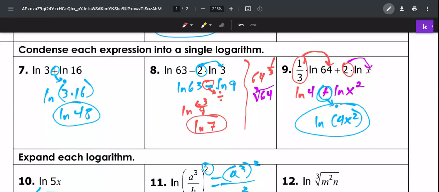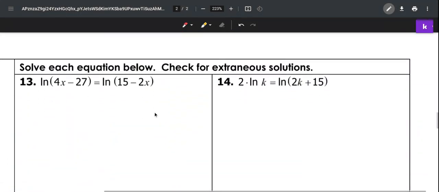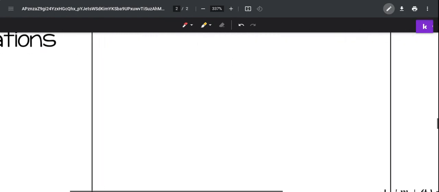All right, so now we're not yet finished. We still need to do some solving, because we've done solving with logarithmic equations, but not a natural logarithm. But here's the good thing. There will still be two types of these.